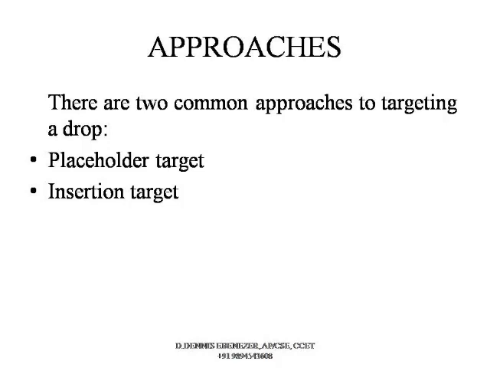When using the drag and drop approach, there are two common approaches in targeting the drop. The first one is placeholder target, another one is insertion target. Both methods give the same result, but the process of dropping an object in its place differs in both methods.